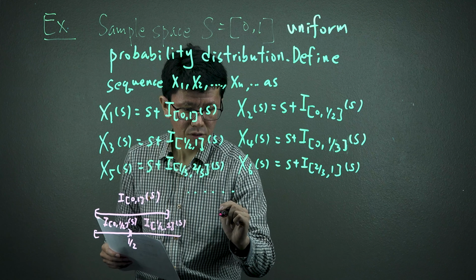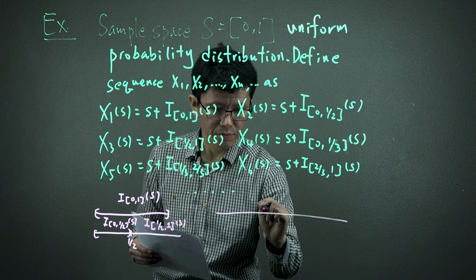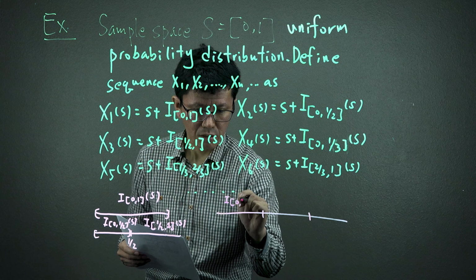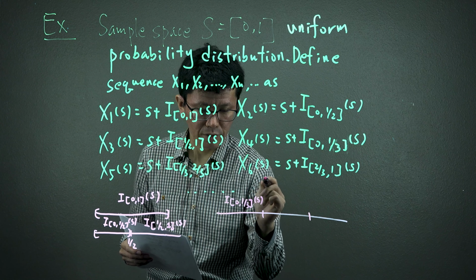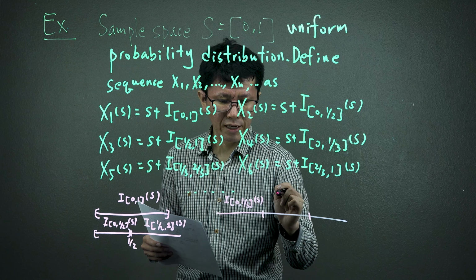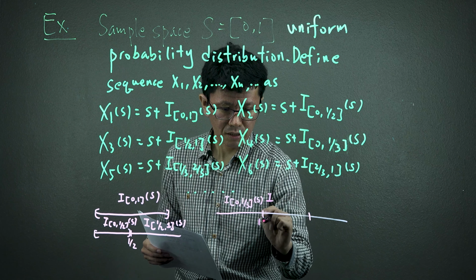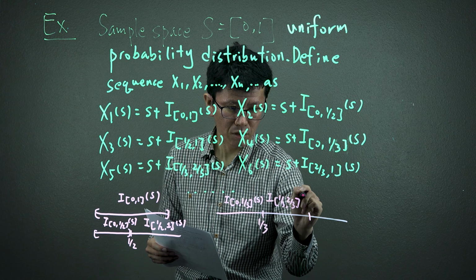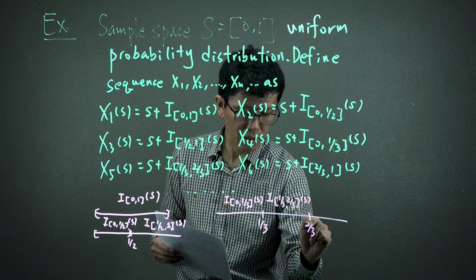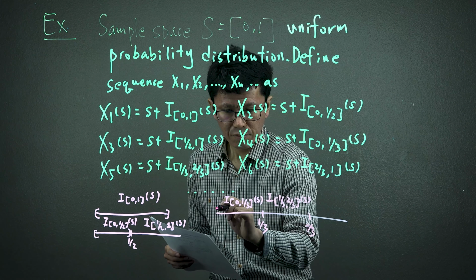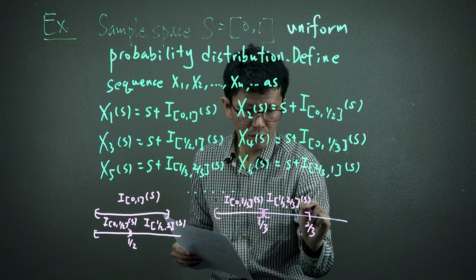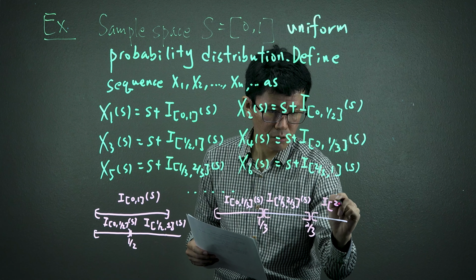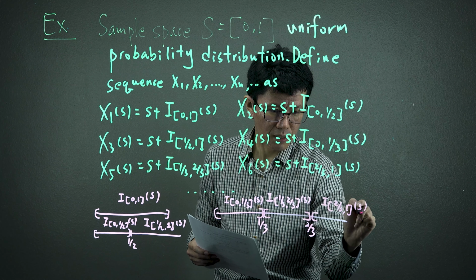Now this is going to be the indicator of the interval 0 to 1/3 of s, and this is the indicator of 1/3 to 2/3 of s, and this is going to be the indicator of 2/3 to 1 of s.